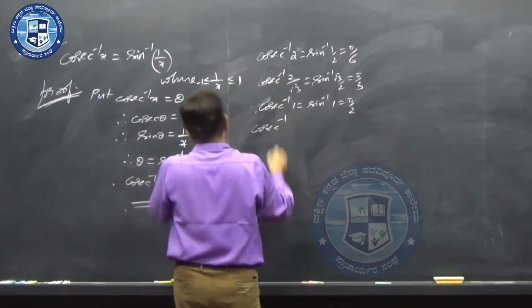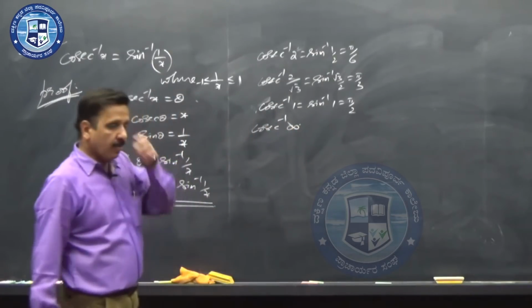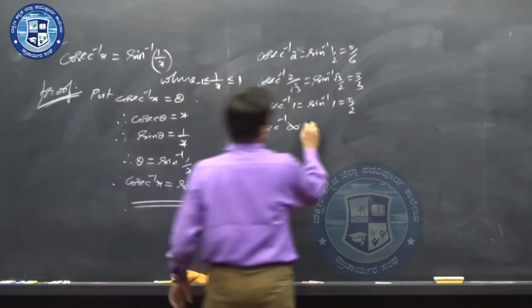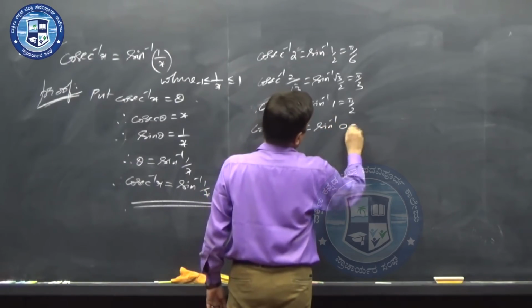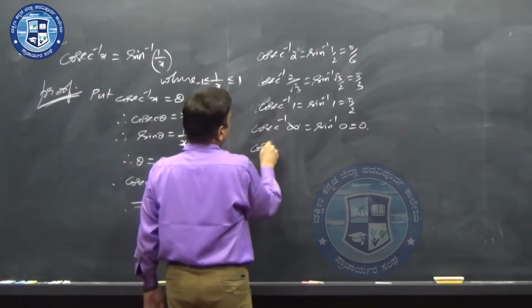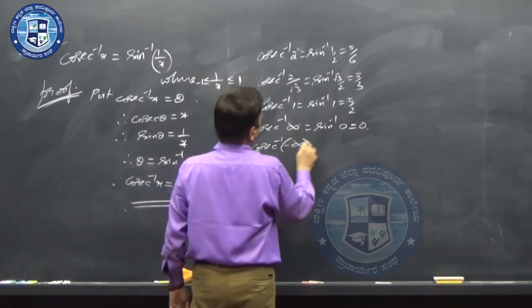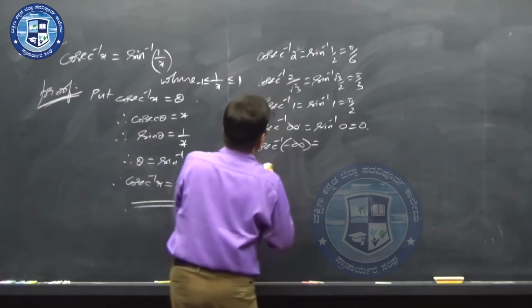Cosec inverse infinity, of course on the graph you can't take infinity, but let us see what happens. That is equal to sine inverse of 1 by infinity, which is 0, and sine inverse 0 is equal to 0. Cosec inverse minus infinity, that we'll analyze later.